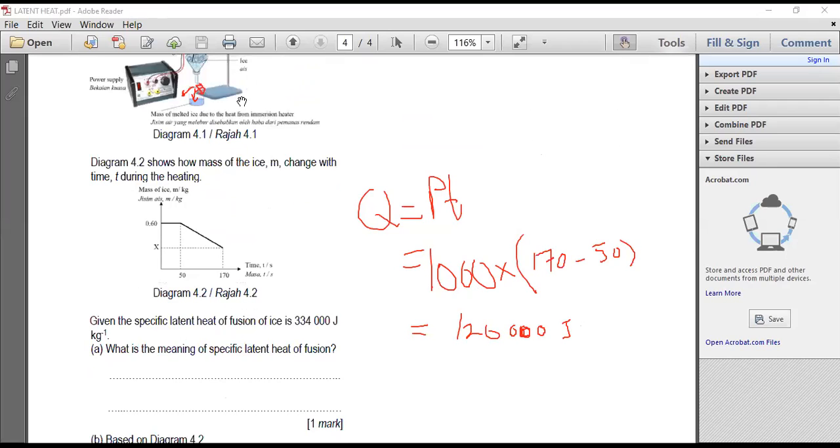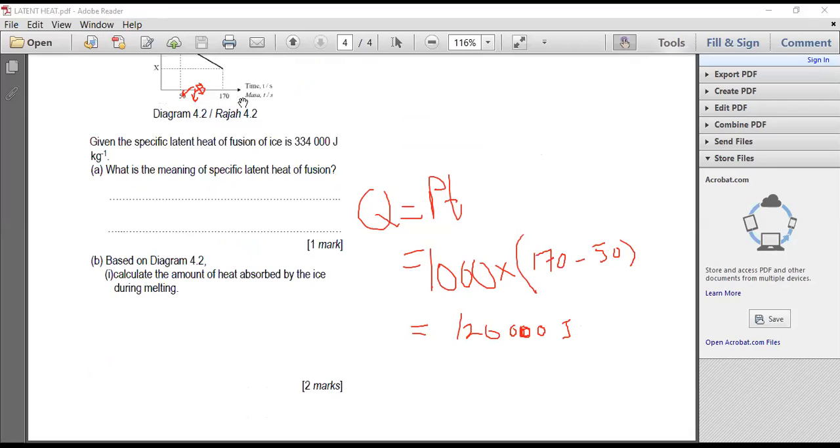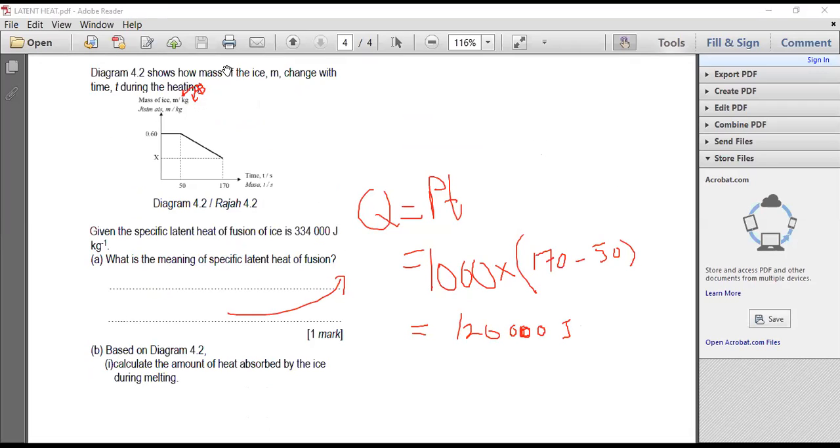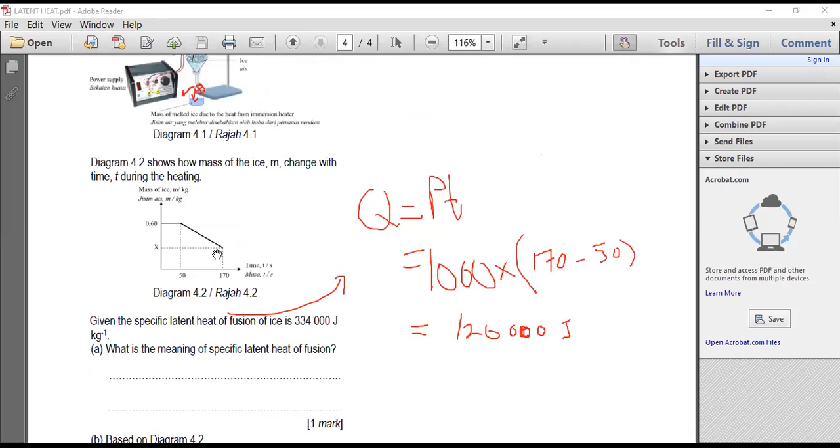Okay, next. Determine the value of X. So that is the mass of ice that is left. First you need to know the mass melted. The mass melted is from Q equals ml.